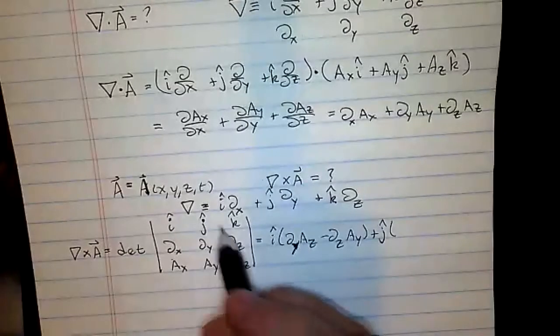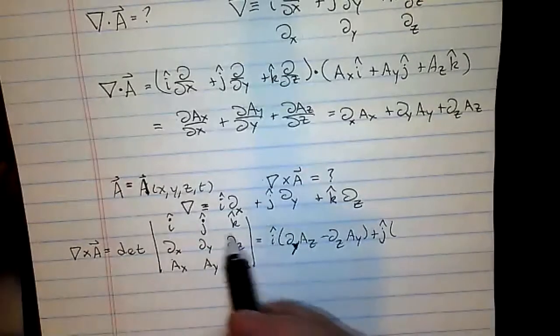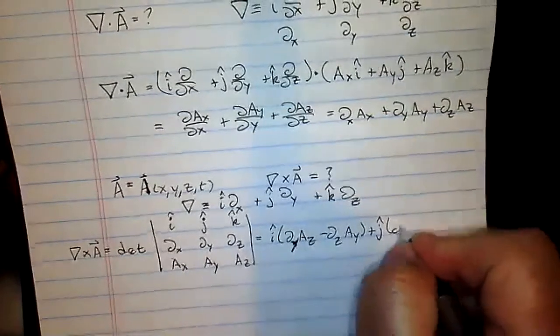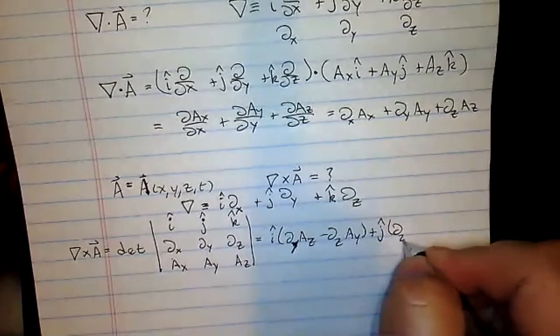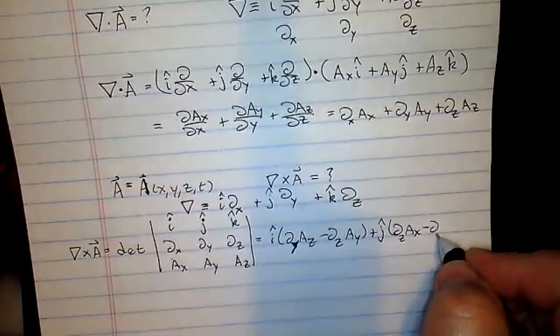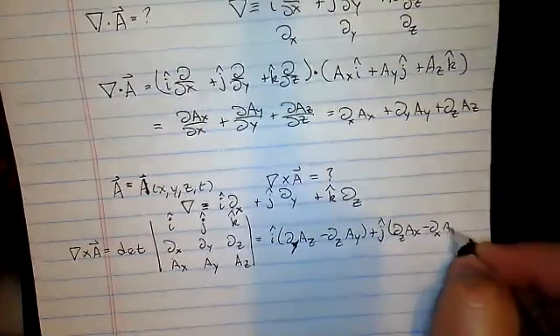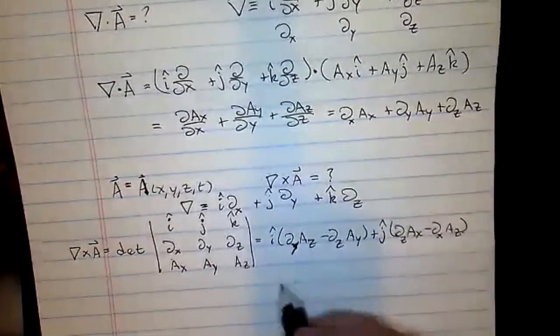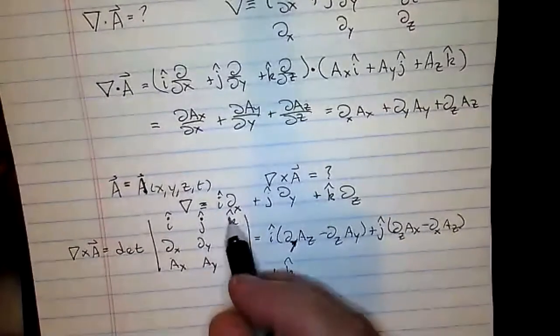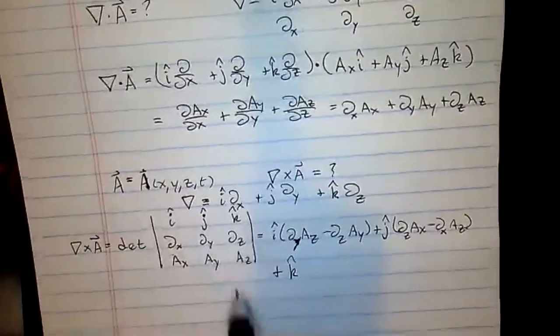Now this one's covered up and this one's covered up, but to make up for the negative 1 to the 3rd power, I'm going to do it in the opposite order. So I'll say partial with respect to z of A sub x minus partial with respect to x of A sub z. And then the third part would be k hat, covering up this column and this row.